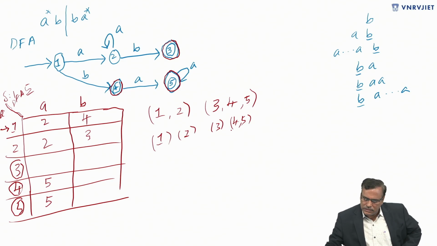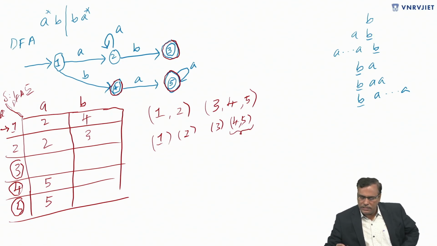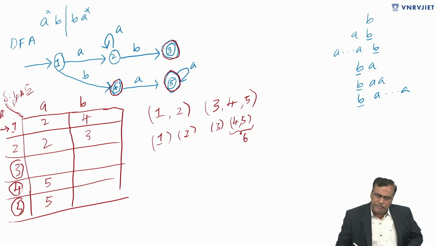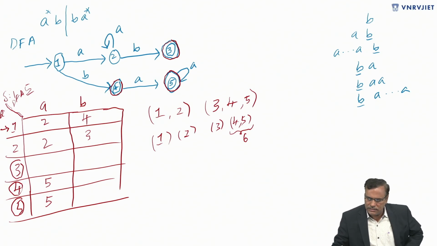And in place of 4, 5, you can take either one of these two names, 4 or 5, or a new name, say 6. Suppose, for example, let me take a new state name, 6. So in the table, wherever 4 and 5 occur, you are supposed to take it as 6.